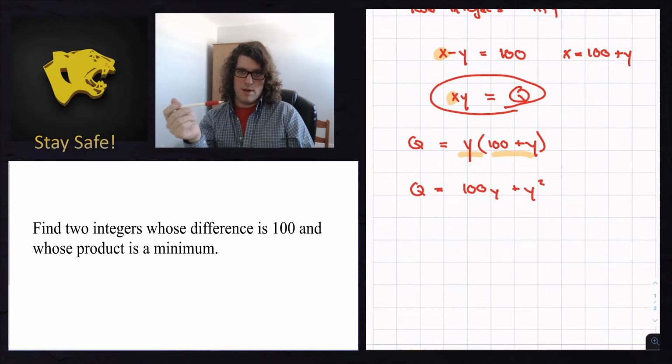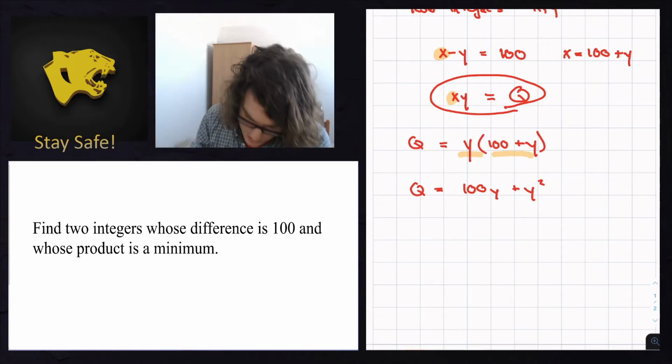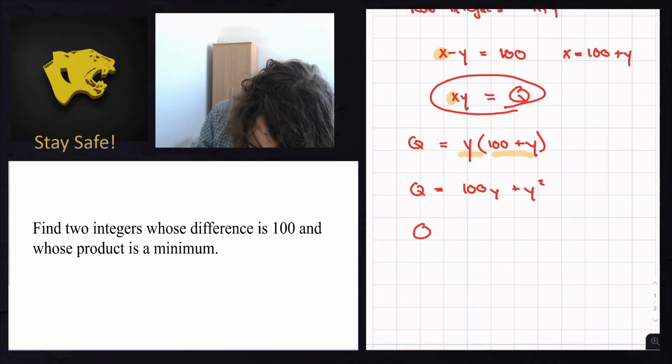So as I'm going out along the y, I'm trying to find out where my q is actually a minimum. So we want to take the derivative with respect to the independent variable. In this case, it's the y. So just a straight up y derivative, which is going to give me 100 plus 2y.